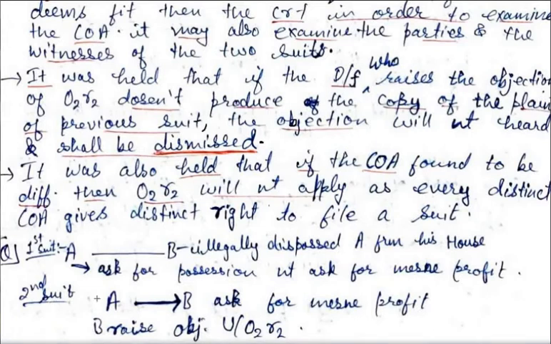Now देखो Order 2 Rule 4 is to be read in context with Order 2 Rule 3. रूल 3 तो अभी हम नहीं पढ़ रहे, but Order 2 Rule 3 says that a plaintiff can join more than one cause of action in the same suit. So Order 2 Rule 3 is mainly for a plaintiff who joins more than one cause of action in the same suit.